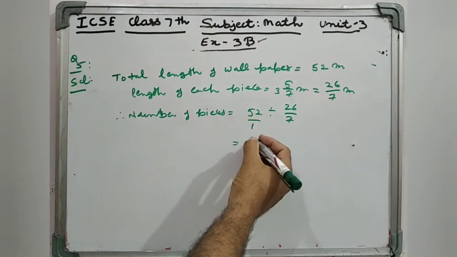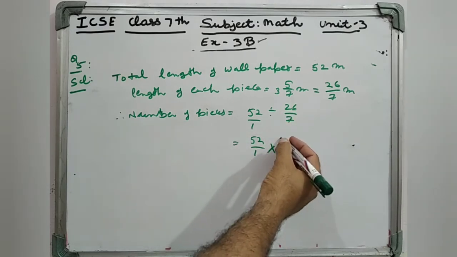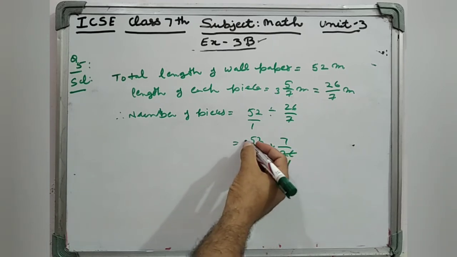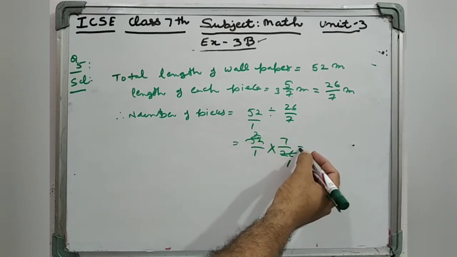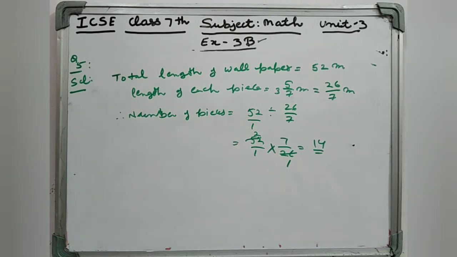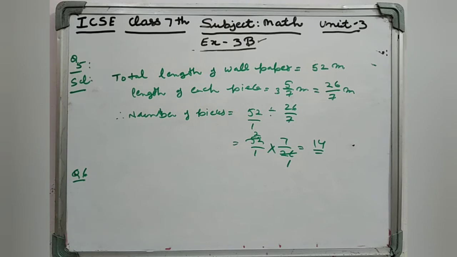Now 52 upon 1 multiplied by the reciprocal, 7 upon 26. 26 ones are 26, 2 ones are 52, that means the total number of pieces would be 14, right? Now we will move on to question 6.